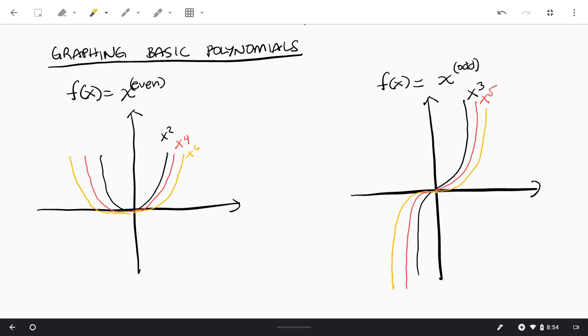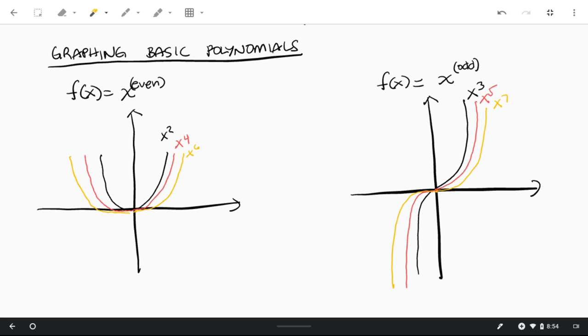That's where it starts to get kind of flat, and we can keep going. So that's if you just have x to a power, nothing added, nothing subtracted, nothing multiplied, then you will get one of these graphs. That's not very interesting.